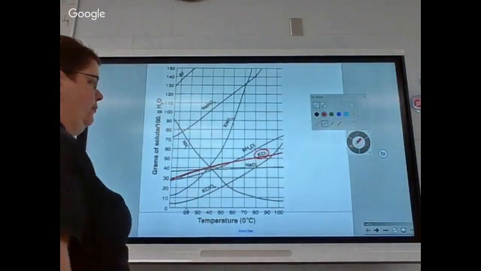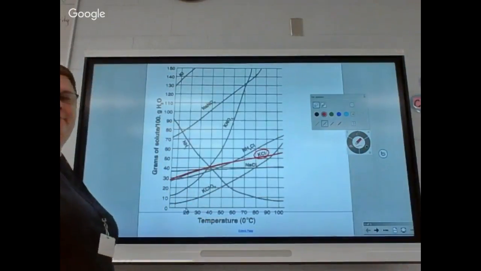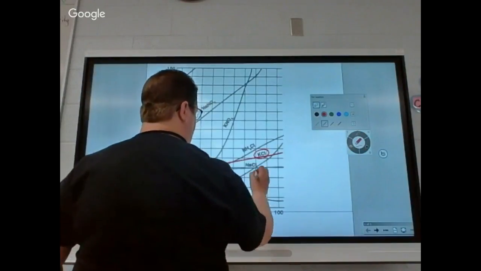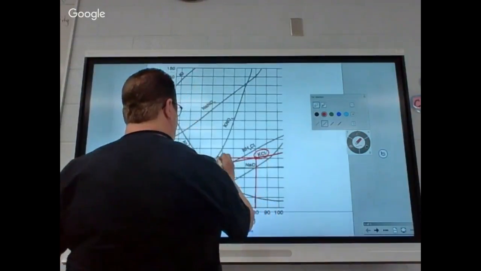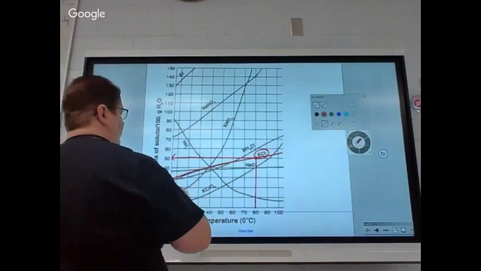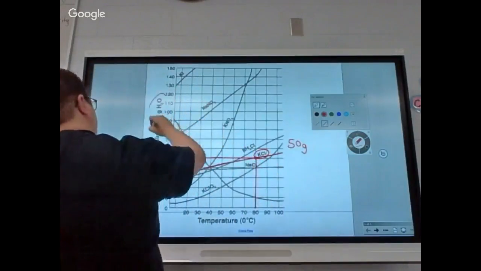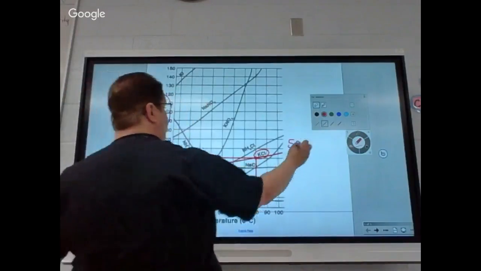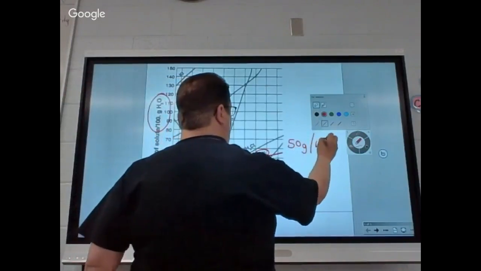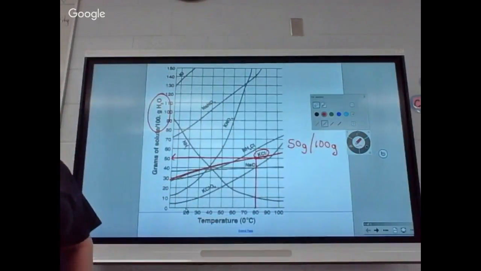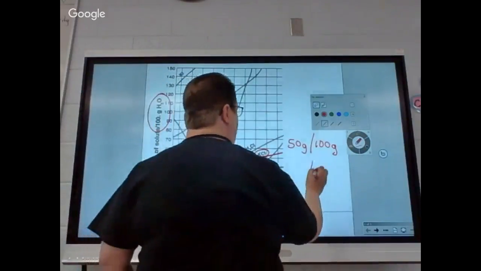All right, so what temperature did it give you? 80 degrees. So 80 degrees up to the line and over gives you what solubility? Now, that's 50 grams per what? Per 100 grams of water. Now, the question wants to know the solubility per what? Per 200 grams of water.